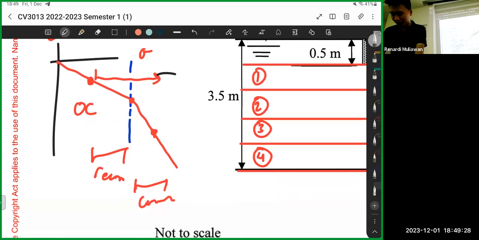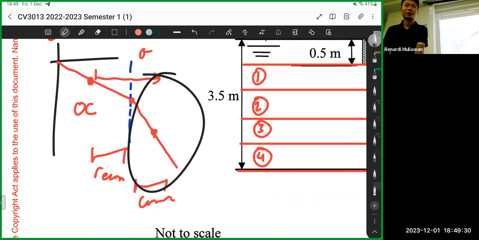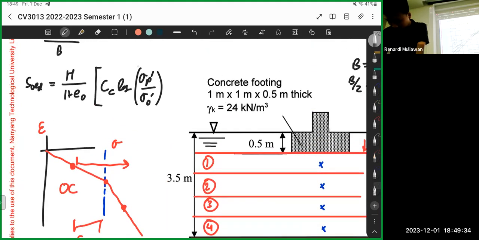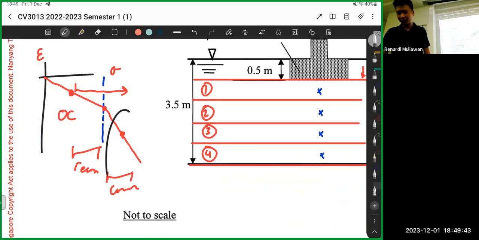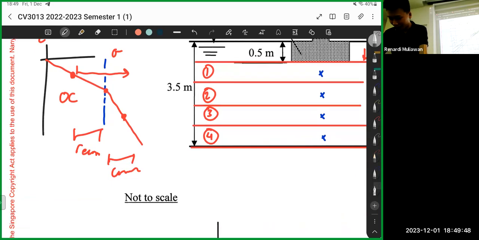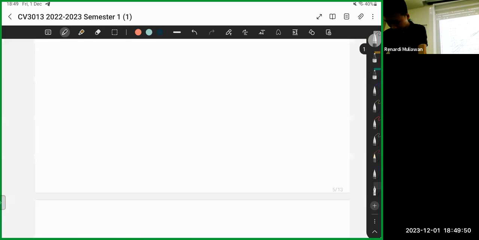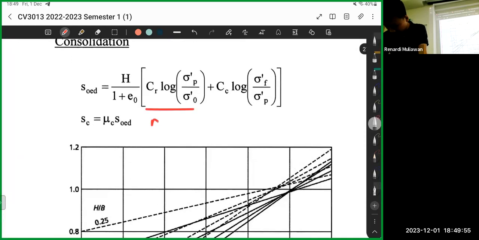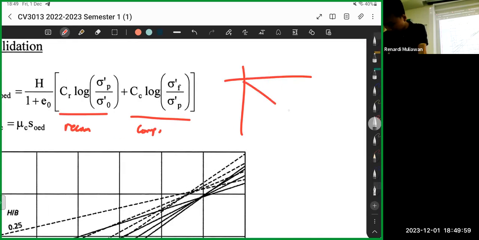Okay, because we're only talking about this part, for the consolidation. And then we just need the final divided by initial. So the formulas get simplified, because it happens in the compression curve. Okay, because the formula given at the back, right? Yeah, this formula. This one is the recompression. This one is the compression. It depends on the graph.